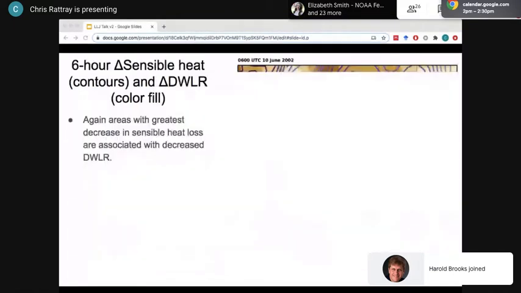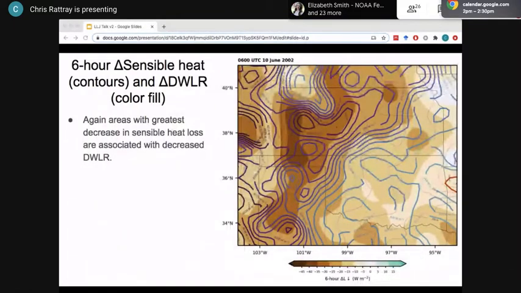So looking at what impact that might have on the downwelling. This is again showing the 6-hour change in sensible heat flux at the surface, along with the change in downwelling longwave.